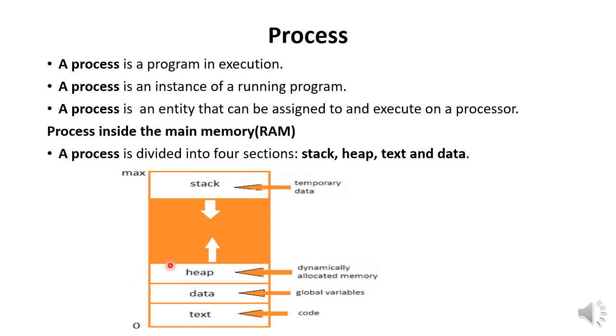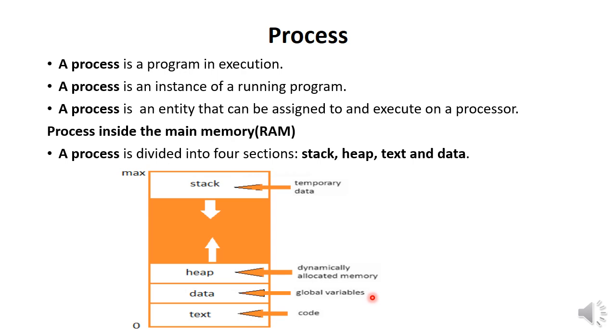The process heap section is a dynamically allocated memory to this process during its runtime or execution. Data, the section called data, contains the global variables. So stack stores local variables, whereas the data section stores global variables.